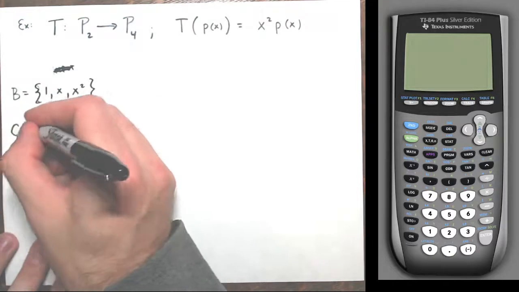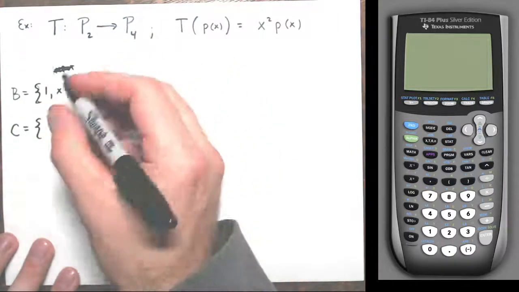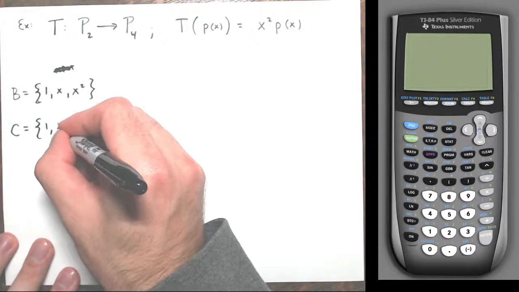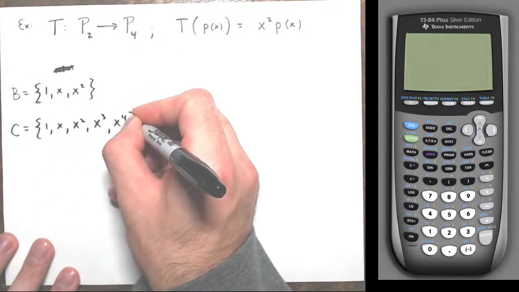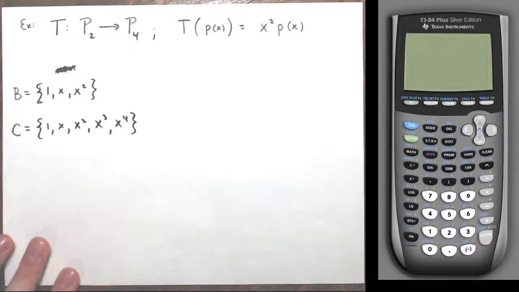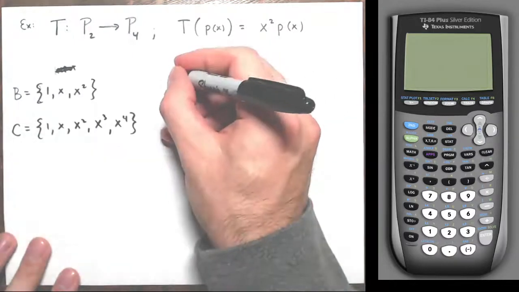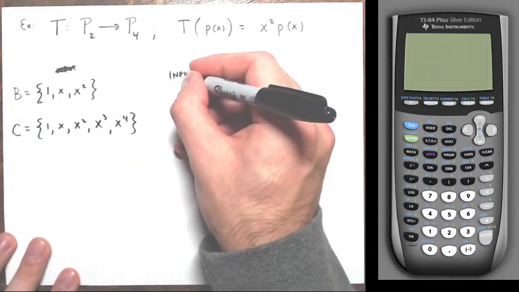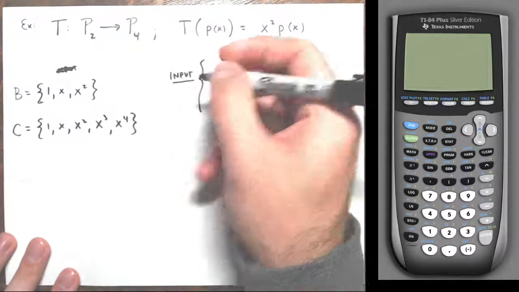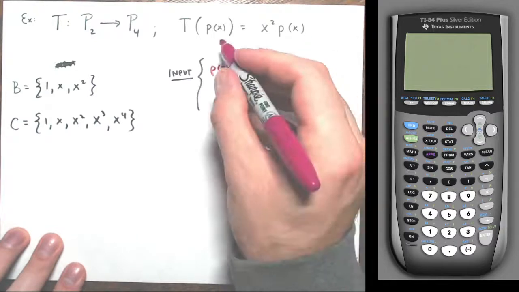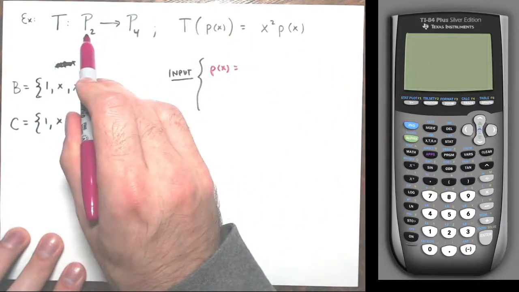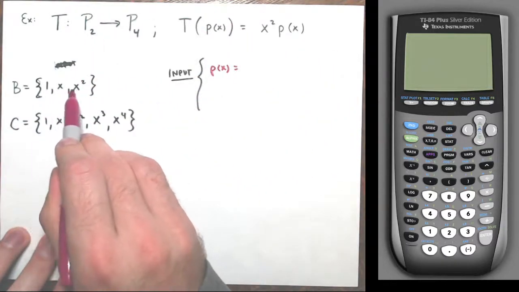And then say C is the standard basis for P4, so 1, x, x squared, x cubed, x to the fourth. There's the standard basis for P4. And then I'm going to change my inputs to coordinates. So p of x here, what does a polynomial from P2 look like? I'm going to go in the same order I wrote the basis vectors.